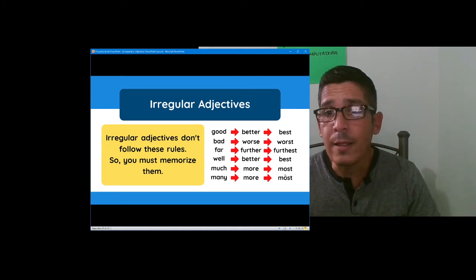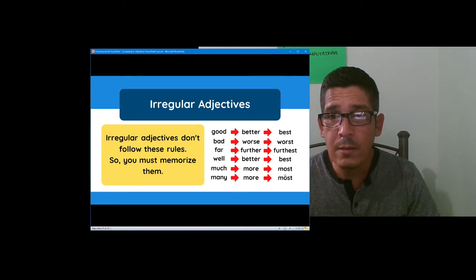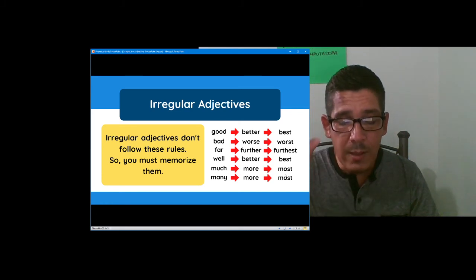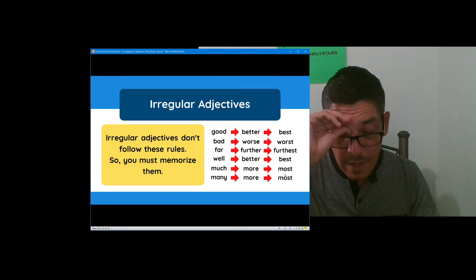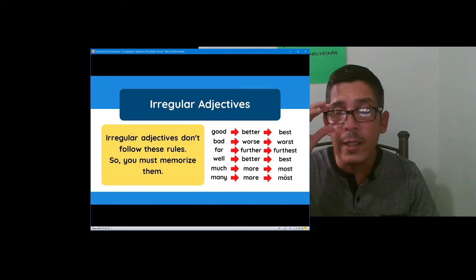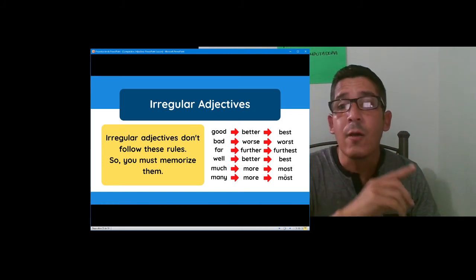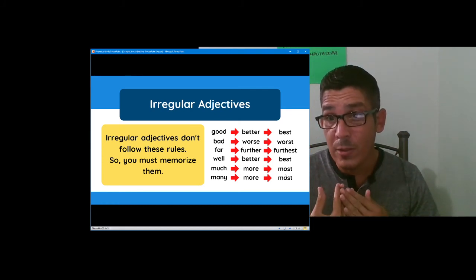We said that two-syllable adjectives, ending in a single vowel and the letter Y, you are going to change the letter Y by IER. Let me correct something. I said ending in a vowel, but it is ending in a consonant and Y. I'm so sorry, I apologize.